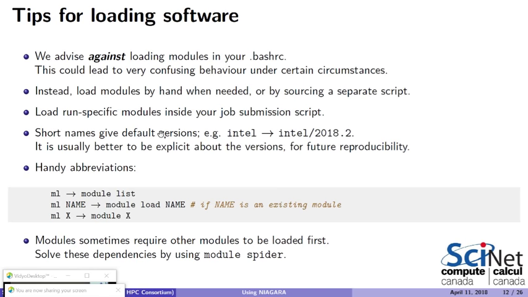Another thing that I would advise to try and get used to is that, well, you can just load modules by their short name. So the modules all have a name and then a version number. For future reproducibility, it's probably best to include the version number. So right now, the Intel compiler on Niagara nicely resolves to Intel 2018.2, which is the newest Intel compiler suite.